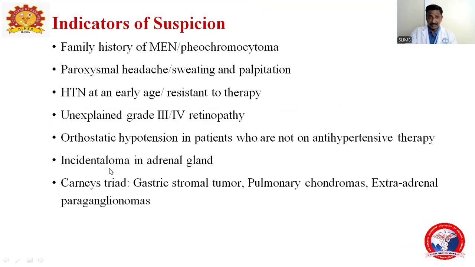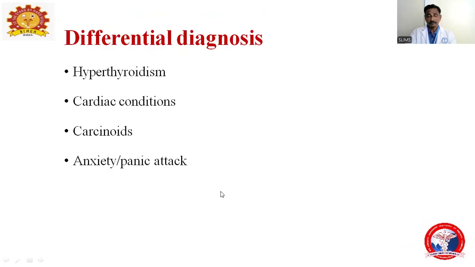It can be an incidentaloma in the adrenal gland. Carney triad, gastric stromal tumor, pulmonary chondromas, and extra-adrenal paragangliomas can occur. The differential diagnosis for pheochromocytoma includes hyperthyroidism, cardiac conditions, carcinoid tumors, anxiety, and panic attacks.